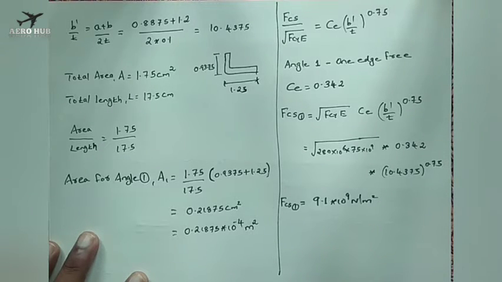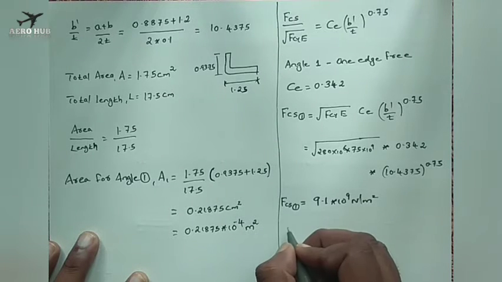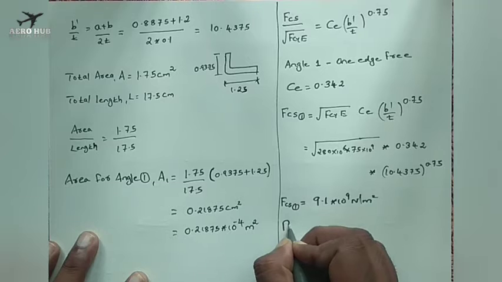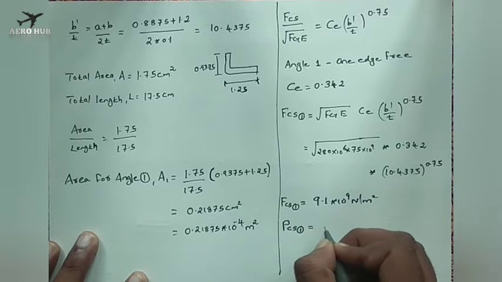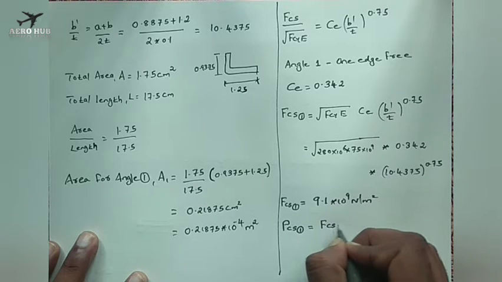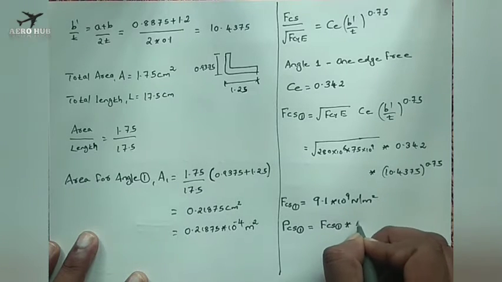For that we require the crippling load for the sections. Okay, so the crippling load PCS for section 1 will be equal to the crippling stress for section 1 times the area of 1.